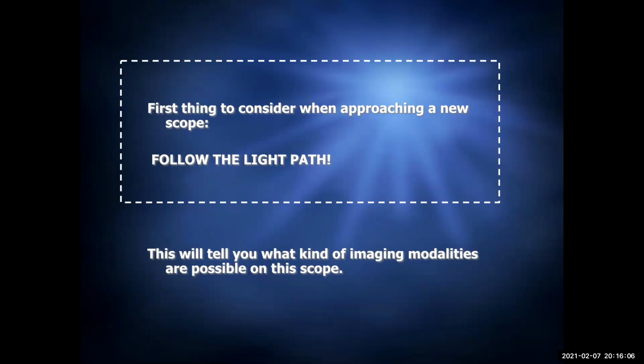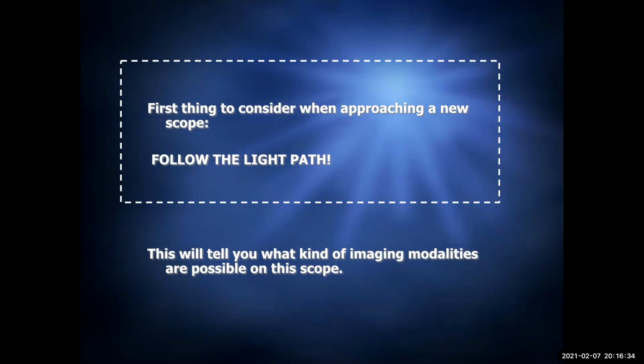Look at it more. I'm going to speed this up because it's just a lecture, but take your time and look at it. And then without touching anything yet, you're still looking. Look to the side, look to the back, look all around the scope. What you're trying to do is to figure out where the light starts and where it goes.